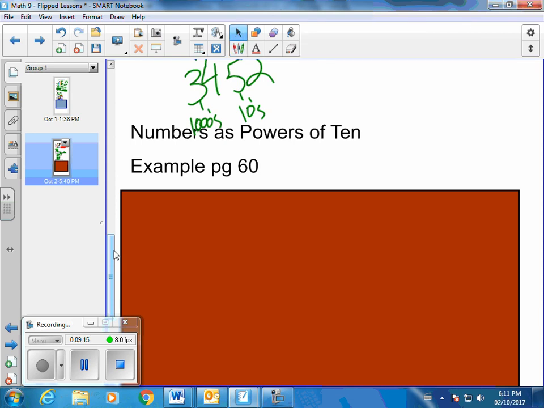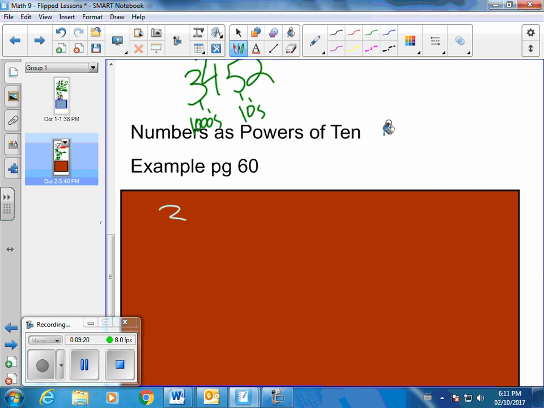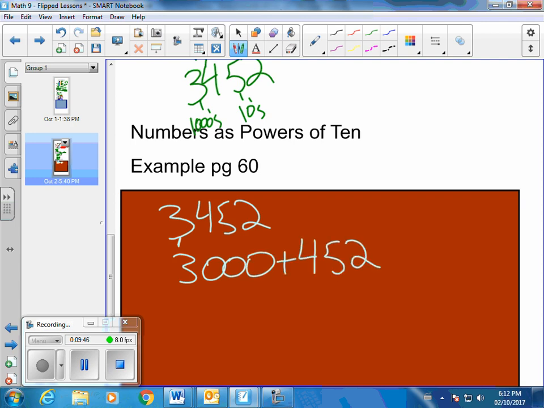I'm actually going to write this one on here. 3452. So what I look at first is I'm going to take my biggest number, the 3 over here, and look at the place value. It would be really easy to rewrite this as 3,000 plus 452.